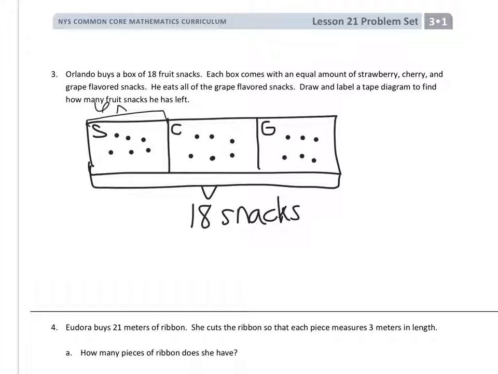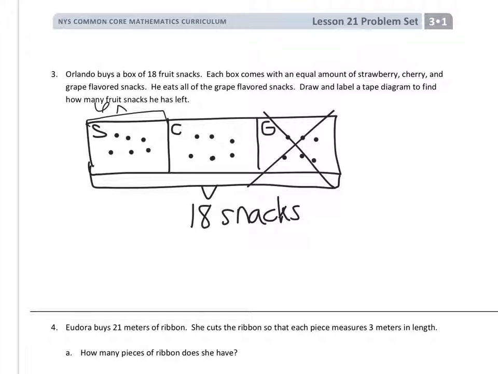Now, that's not answering my question for how many fruit snacks he has left. I know that he ate all of the grape flavored snacks. So, how can I show that on my tape diagram? Let's cross off grape.